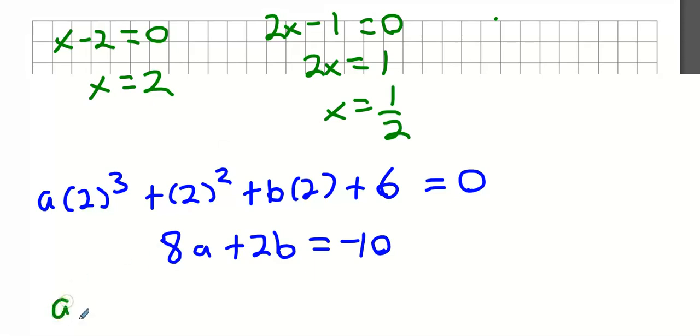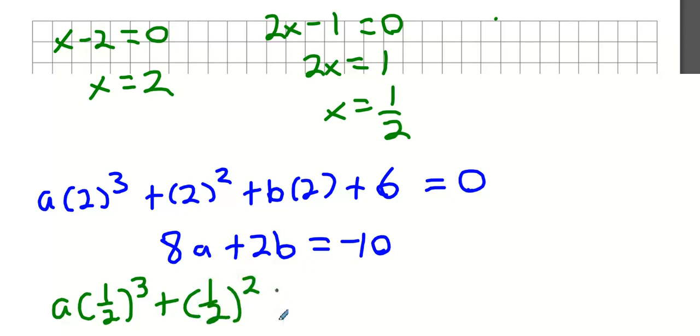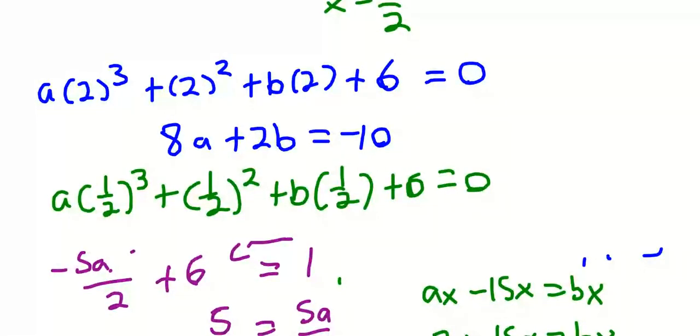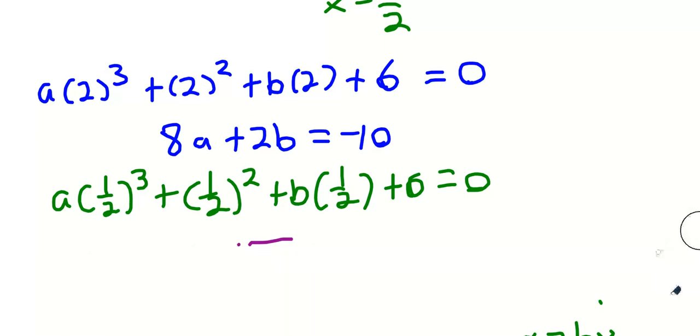It's going to be a times a half cubed plus a half squared plus b times a half plus 6 equals 0. Now what, guys, happens here? What's a half cubed? 1 over 8.